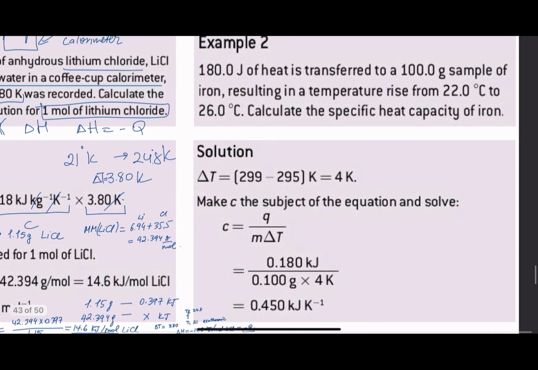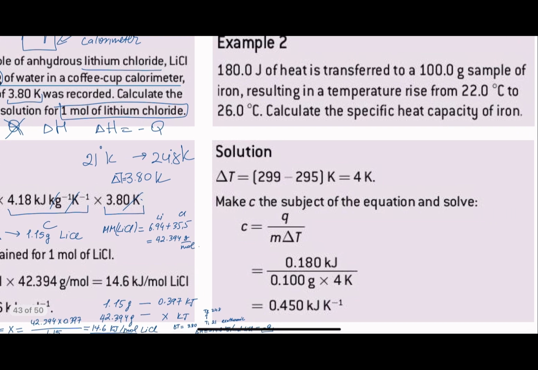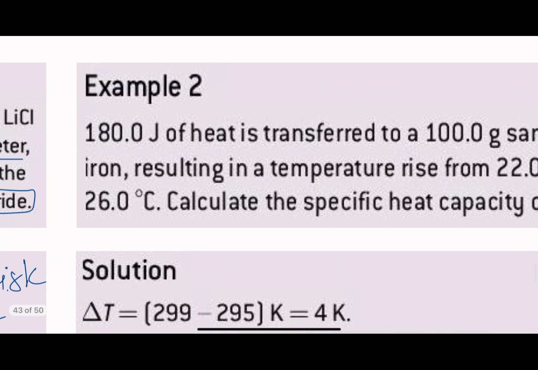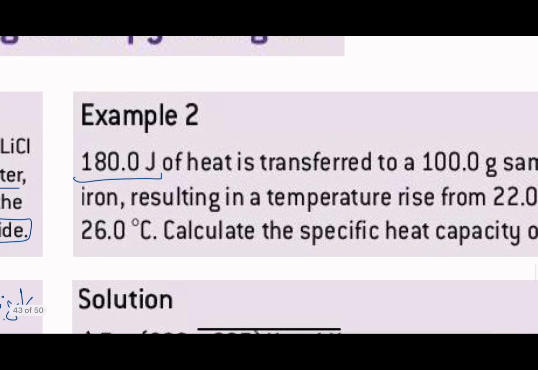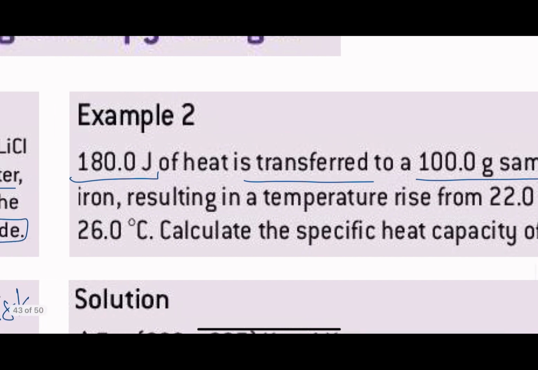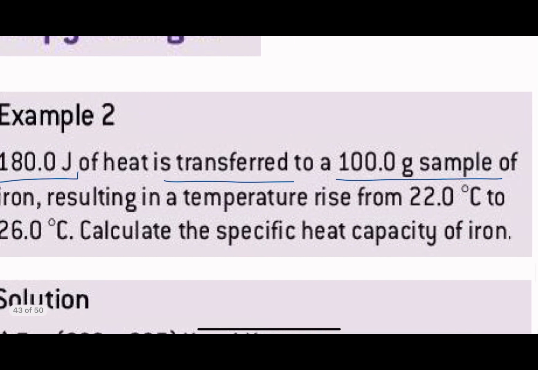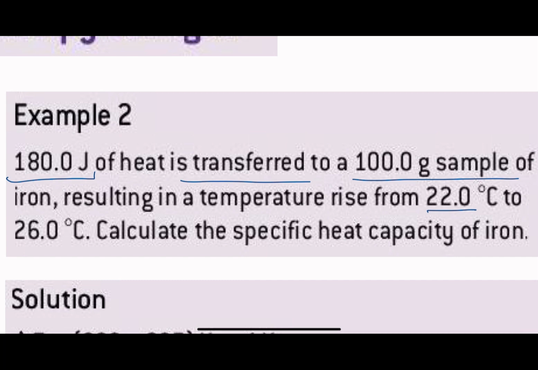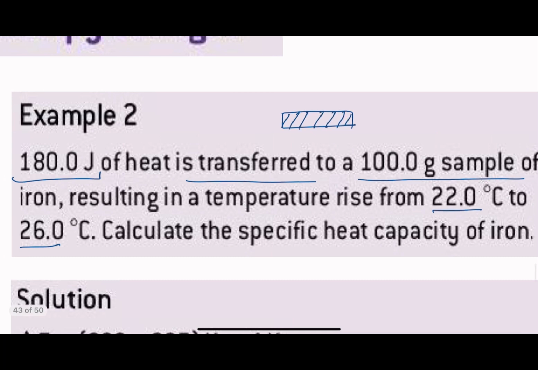Okay, so now example 2. So we have 180.0 joule of heat transferred to a 100 gram sample of iron, resulting in the temperature rise from 22 degrees to 26 degrees. Calculate the specific heat capacity of iron. So let's say you had an iron bar like this, and now you put heat inside, right?